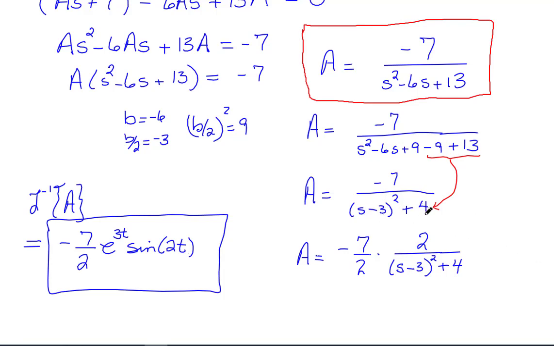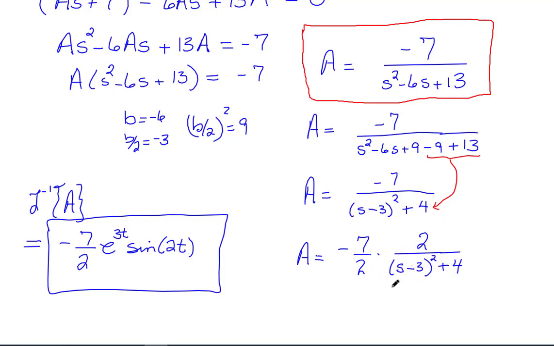And so now I can recognize almost what it is. Well, let's see, it looks like 1 over s squared plus 4. But to really be a sine, I need a 2 on the top. So put a 2 on the top, put a 2 underneath so that we don't change anything.